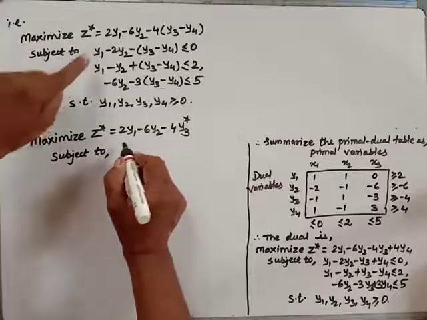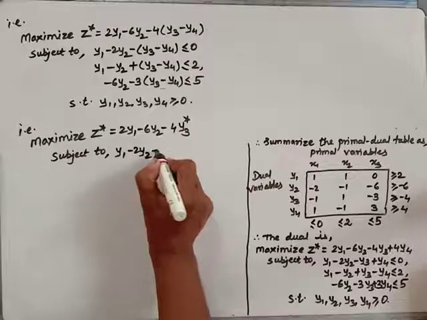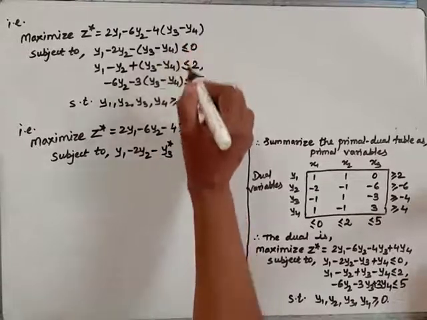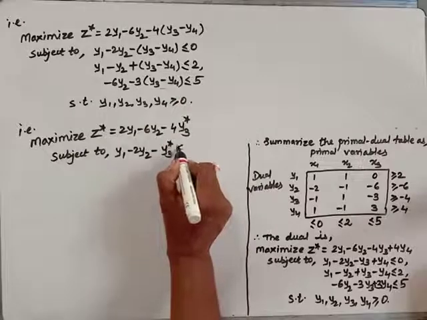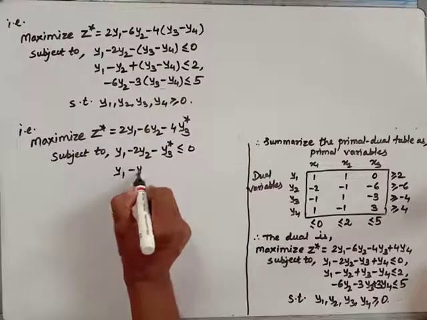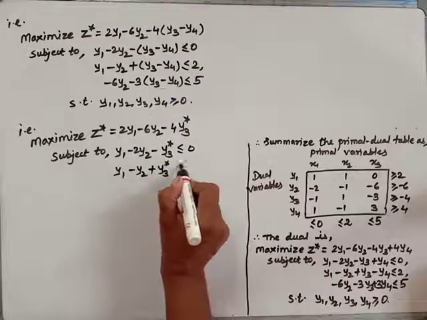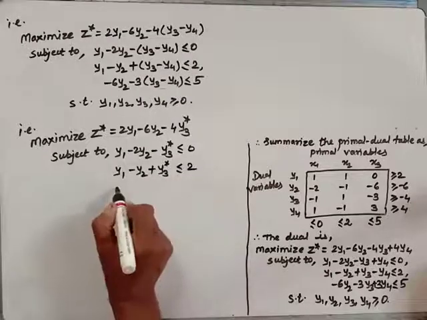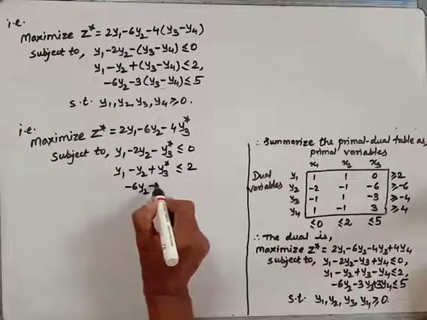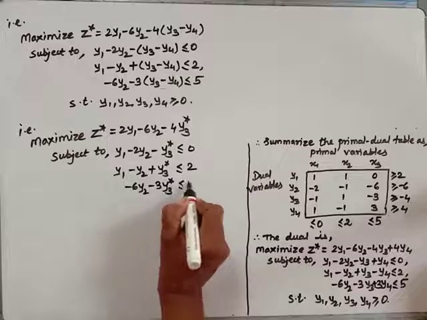Subject to, let me write here y1 minus 2y2 minus y3 star, I am writing y3 minus y4 as y3 star, less equal 0. Here y1 minus y2 plus y3 star less equal 2. Then minus 6y2 minus 3y3 star less equal 5.